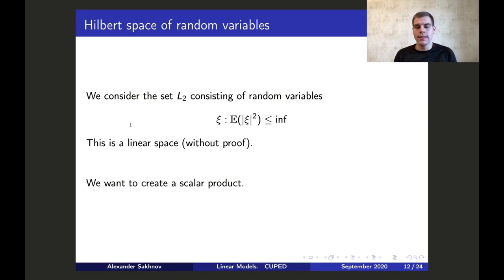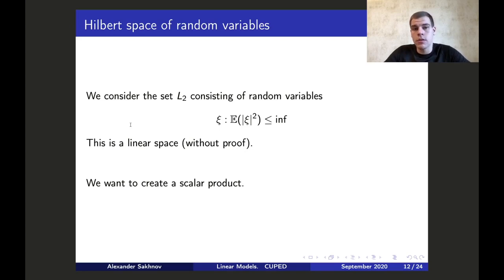So previously we considered some finite dimensional vectors, and that's just a Hilbert space. Let's consider now not finite dimensional vectors. Let's consider random variables, and let's try to introduce a Hilbert space in this space.